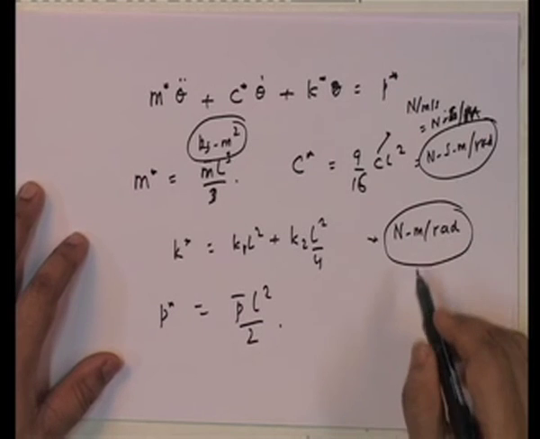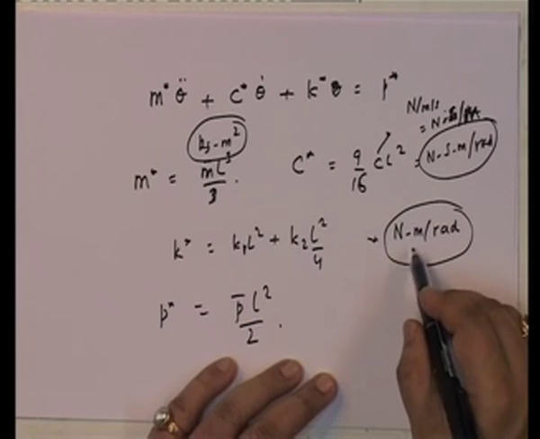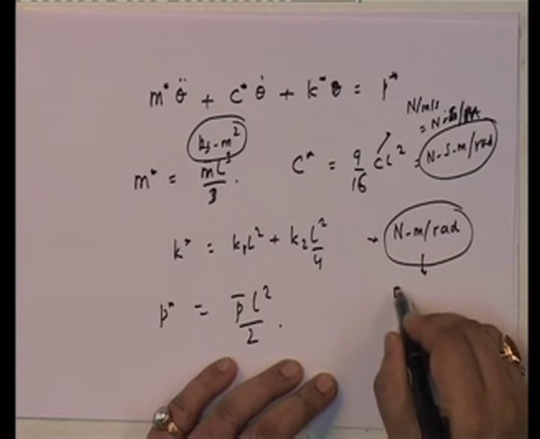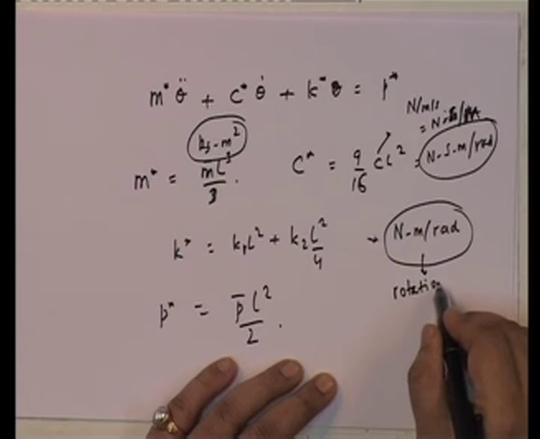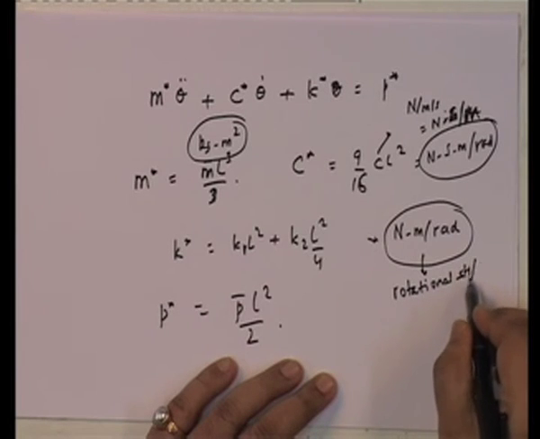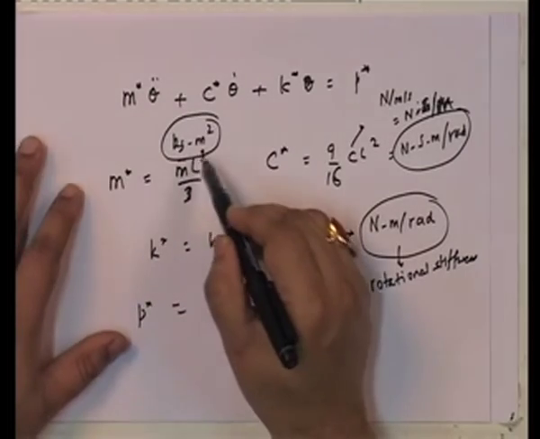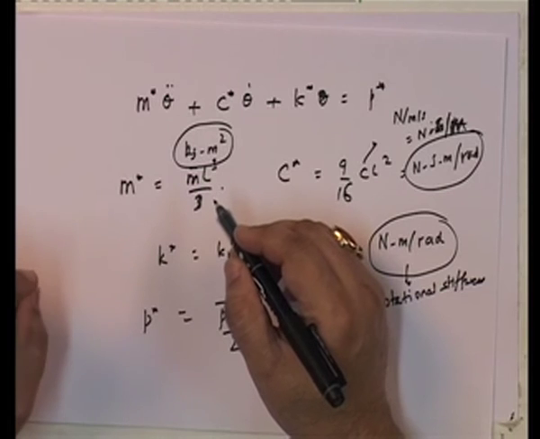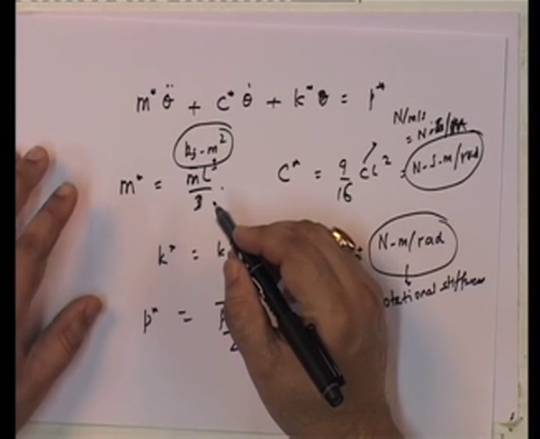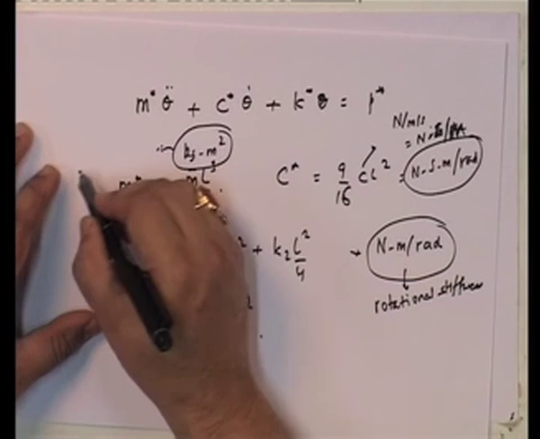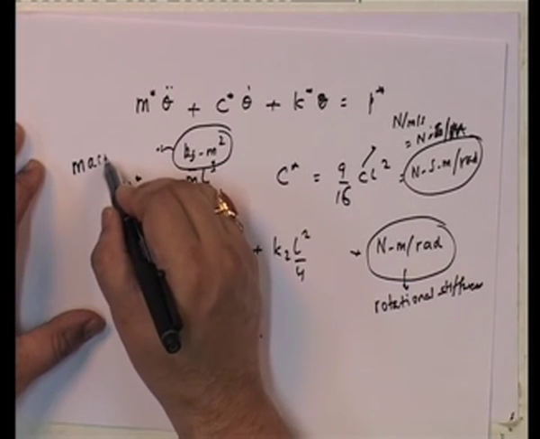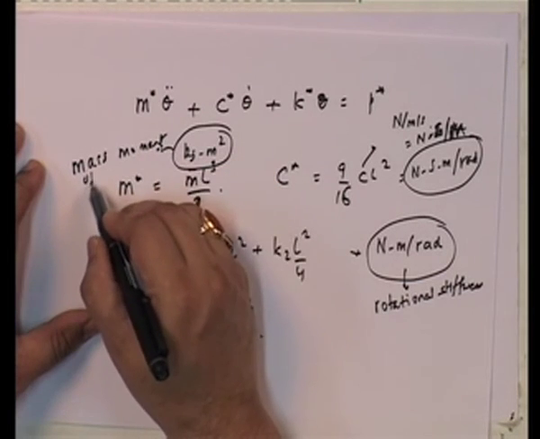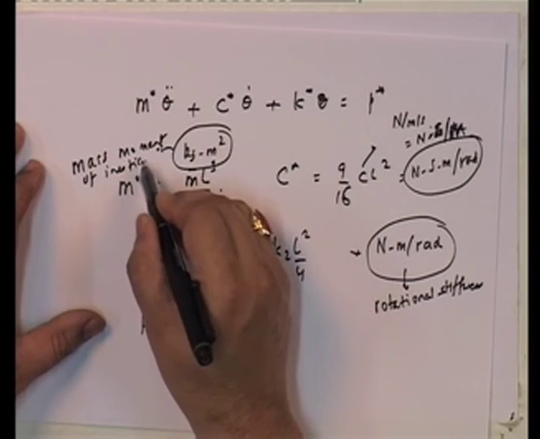If you look at all of these, what is Newton meter per radian? Moment per unit rotation. That is like a rotational stiffness, right? What is this? Kg meter squared, mass into distance squared. If you remember from your old high school, it is mass moment of inertia.